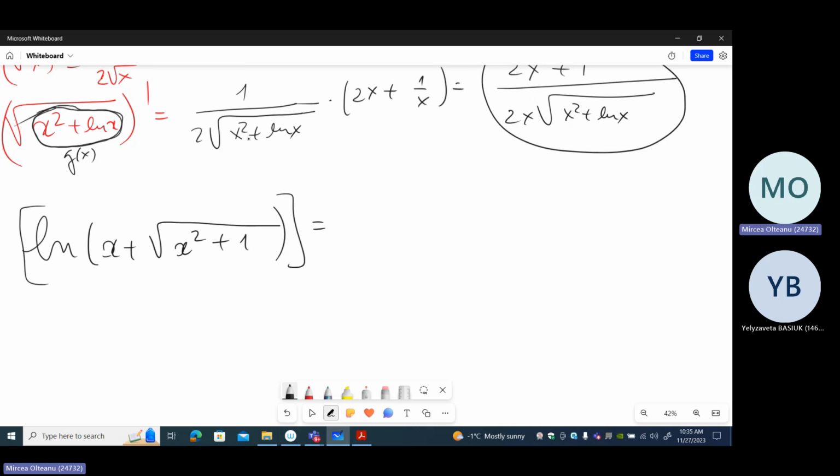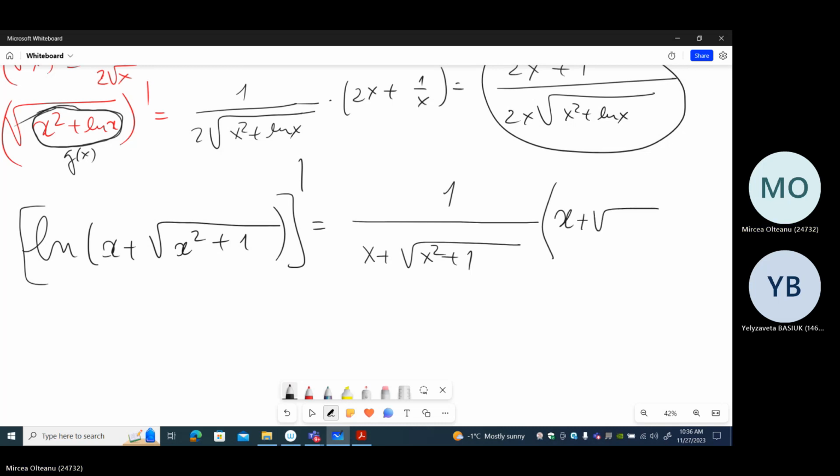So here, this derivative will be, first we differentiate the logarithm. So that means 1 over x plus root of x squared plus 1. And now, according to the formula, we must multiply. I shall not write directly for this first exercise. Times the derivative of what is inside the logarithm.